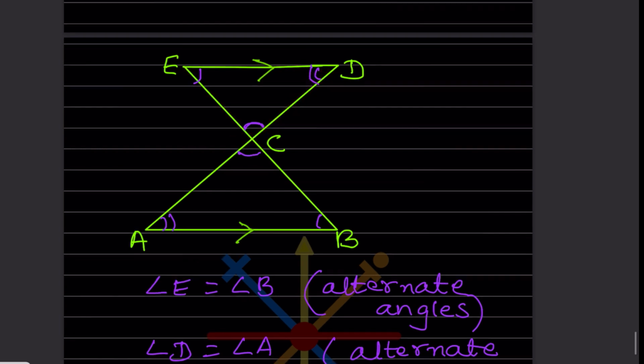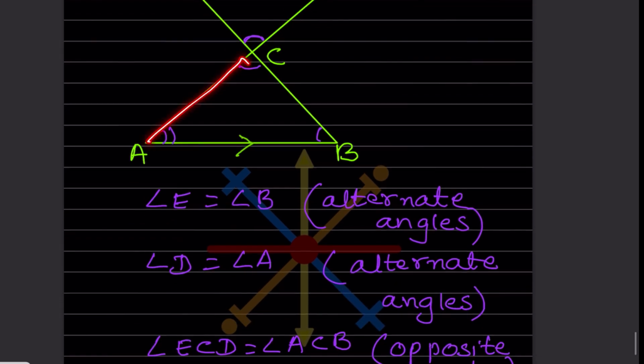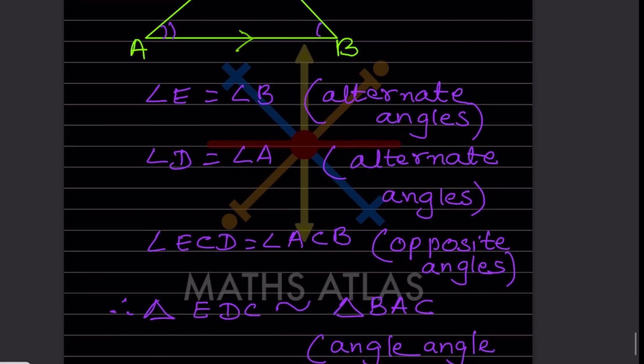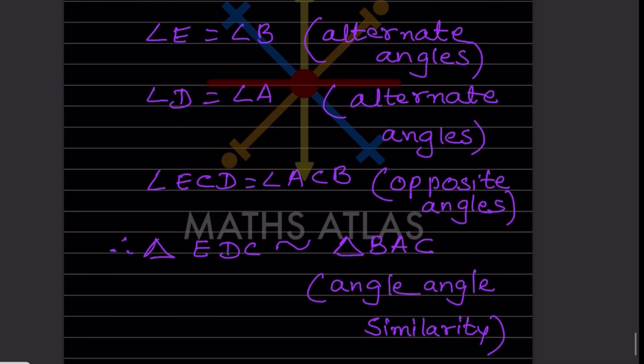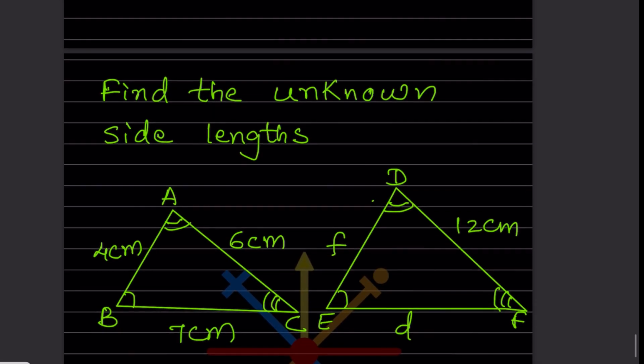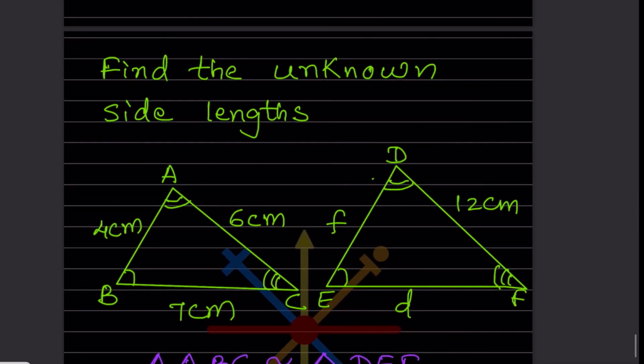ECD is equal to angle ACB. Why? Because these are the opposite angles. So we can say triangle EDC is similar to triangle BAC because of the angle similarity. Now from here what we have to do, we have to find the unknown side lengths.